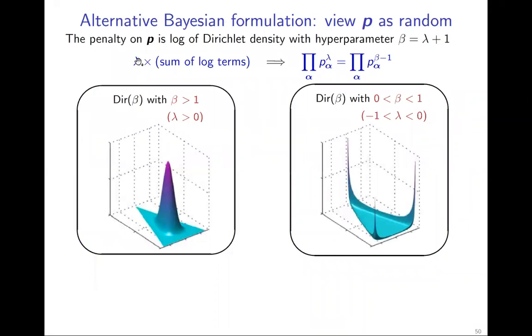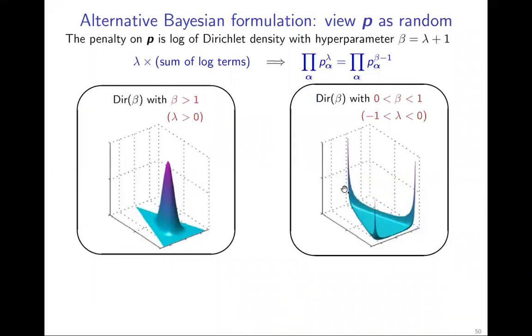Recall we have lambda times a sum of log terms. By taking the exponential function, it becomes this form, and it is proportional to a Dirichlet density. The Dirichlet density has a property that if lambda is negative, then the density surface puts more concentration towards the corners of the simplex.